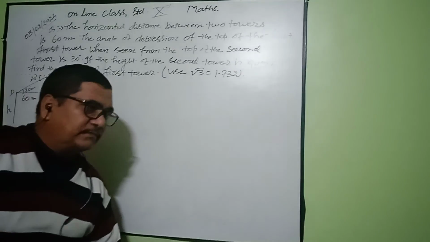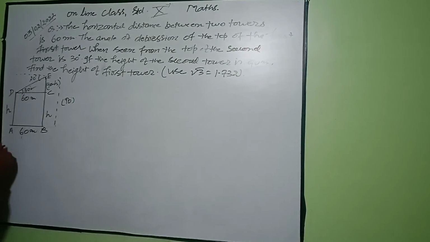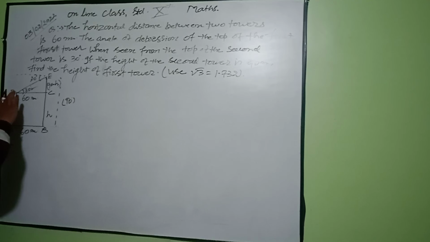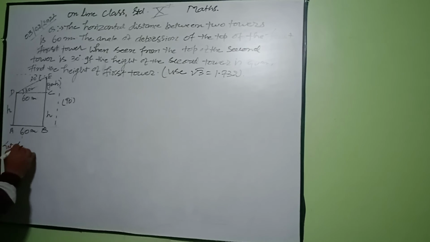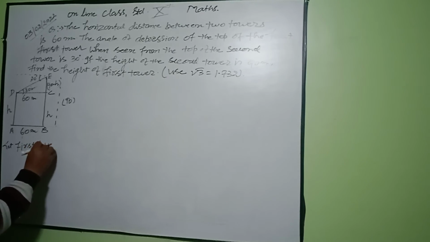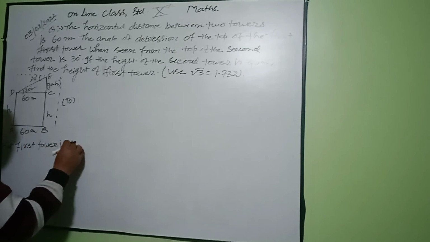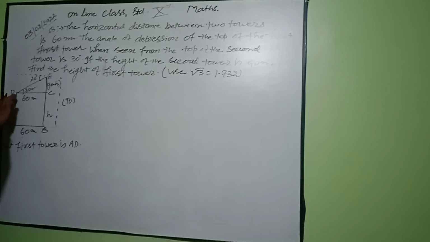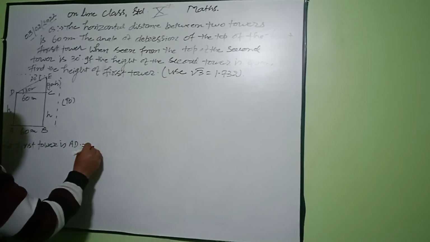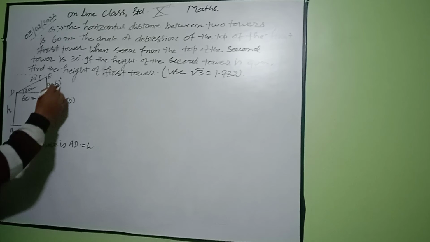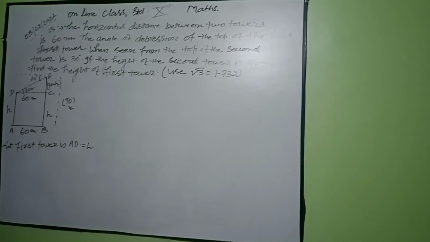Okay. Let first tower is AD equal to H. Second tower total height is given 90 meter.